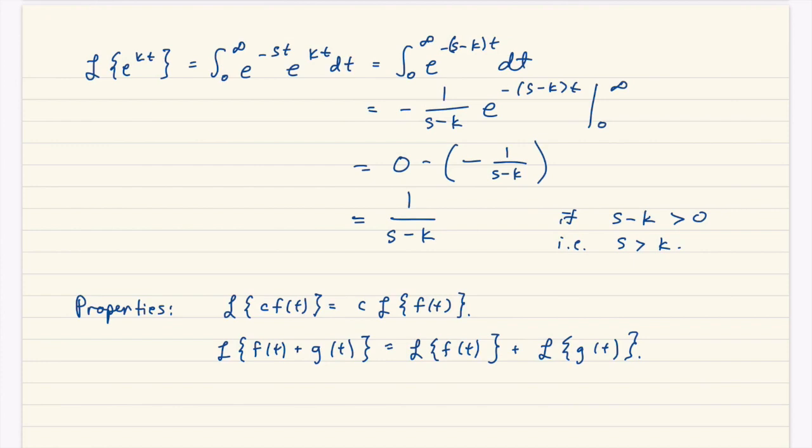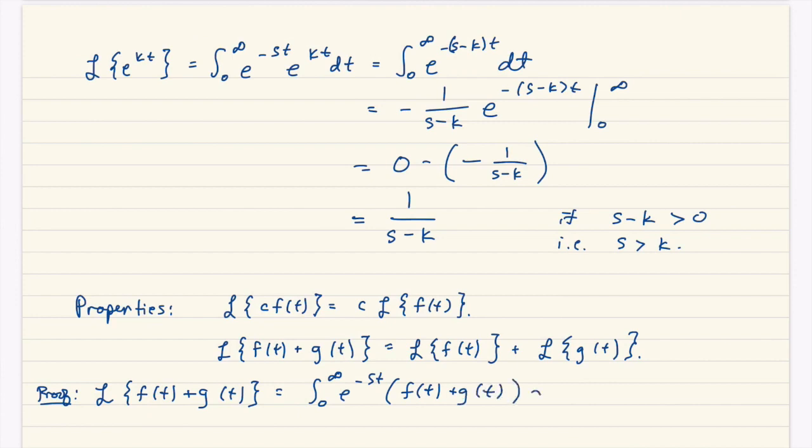In fact, this is short enough, let me just prove this. It's a super easy proof. If I look at the Laplace transform of f plus g, this is the integral from 0 to infinity of e to the negative st times f plus g.